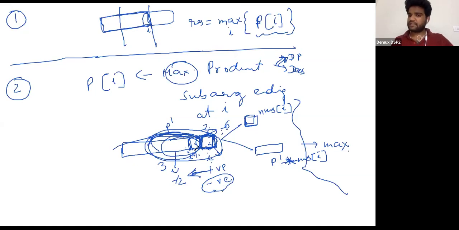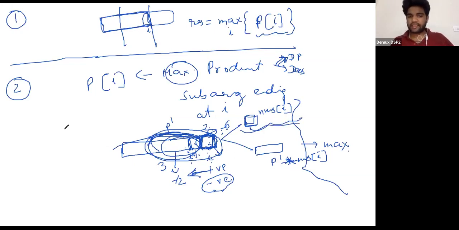Just think in English, don't think examples. Whatever is the minimum product subarray ending at I minus 1, if I multiply that by nums of I, then I will get the maximum product subarray ending at I, if nums of I is negative. If nums of I is positive, then I will take the maximum and multiply it. All this is for length greater than 1. For length 1, I already have a case, which is fine.